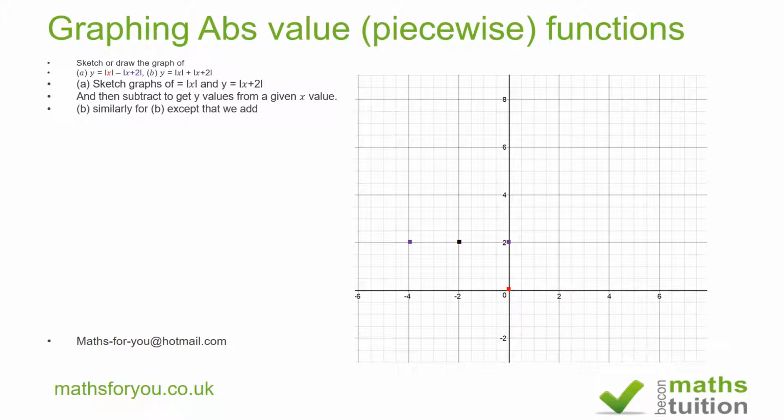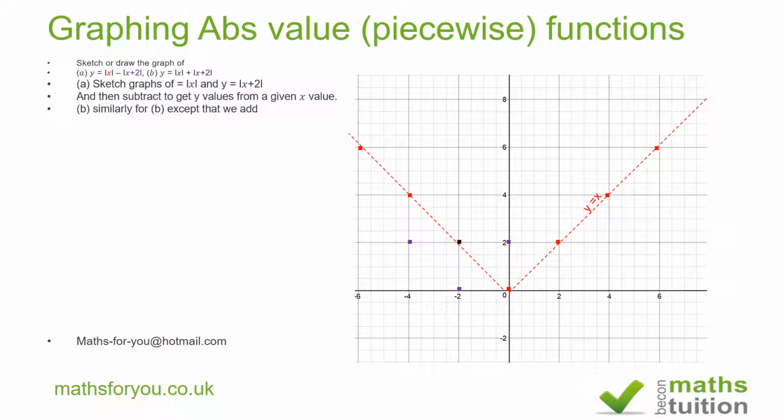Right, now the graph of y is equal to absolute value x comes in two sections, y is equal to x and y is equal to minus x. And that's what we got. So both graphs in red represent the graph of y is equal to absolute value x.